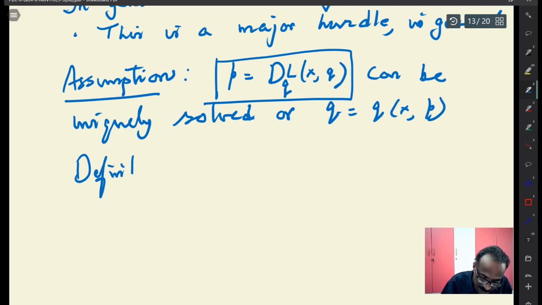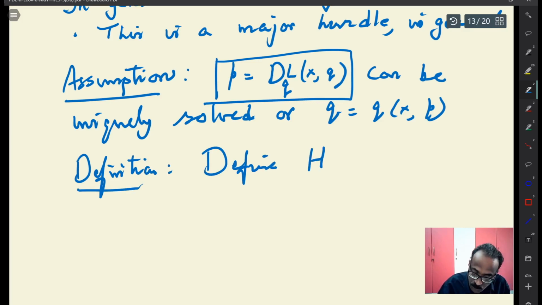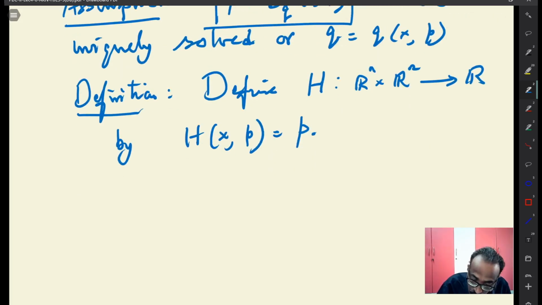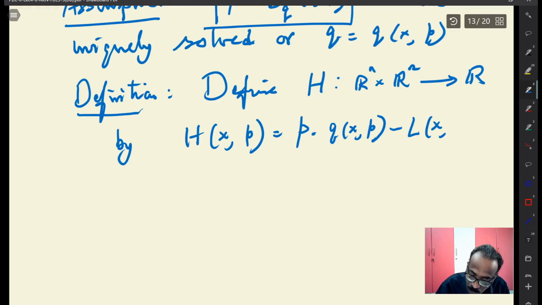You will see that one definition. You can define H. Now you are defining, so for H I use the variable p. Again it is from Rn cross Rn to R by H of x, p is defined to be, you will see later more motivation why I am defining this way, p into q of x, p, where q is the solution to that, minus L of x, q of x, p.